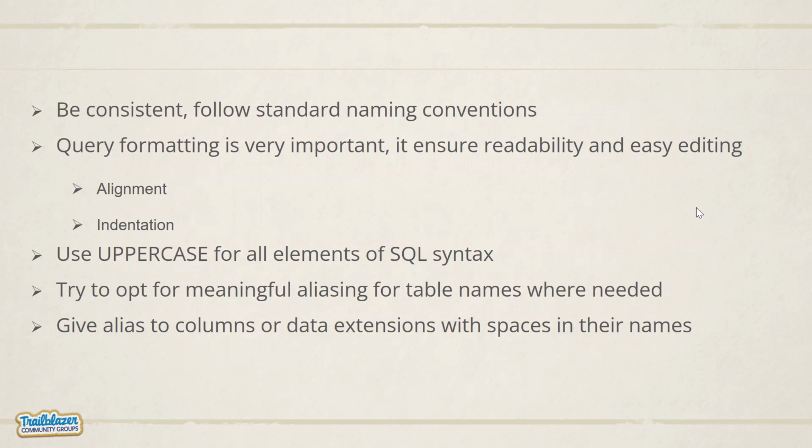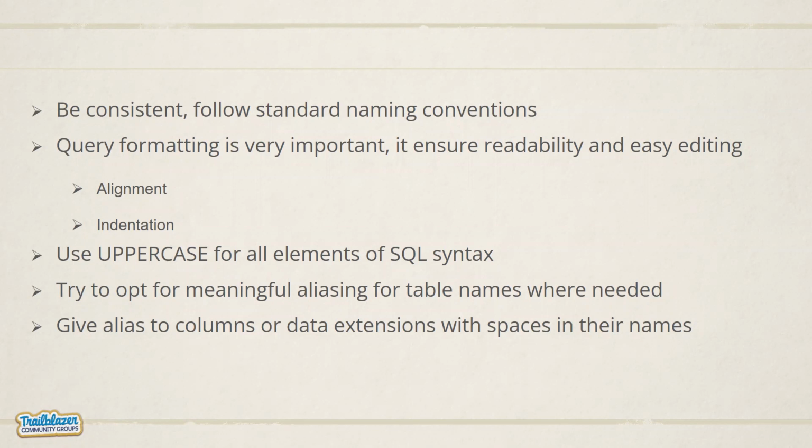Give aliases to columns or data extensions. But it depends. When you are designing your data extension, try to keep the names consistent. Whatever you have put in your data extension, your column should have the same name.